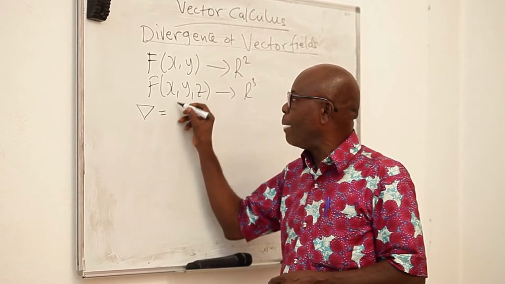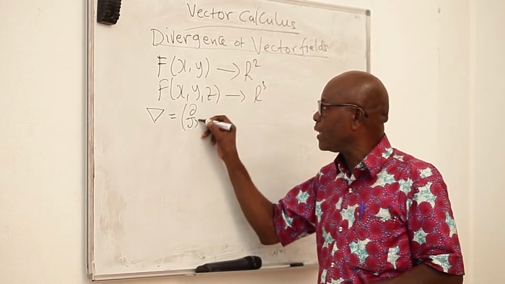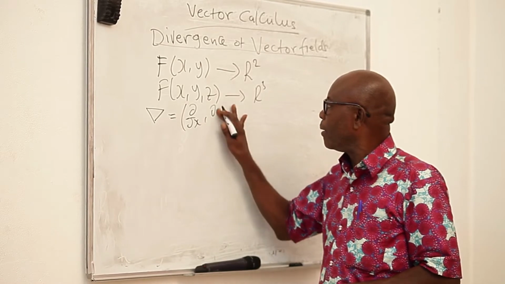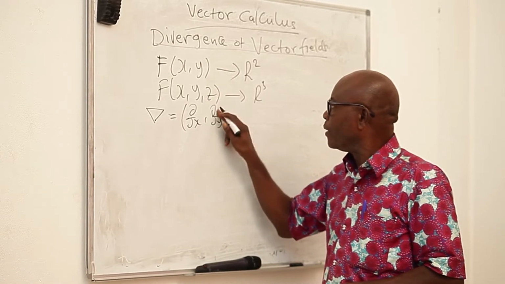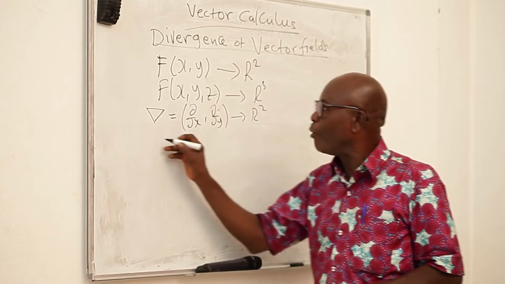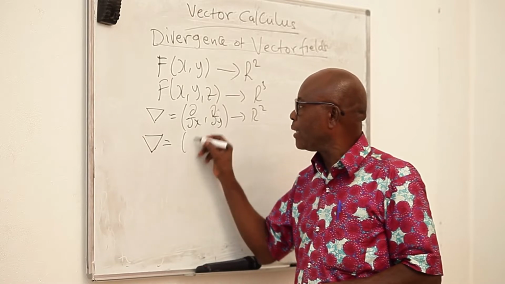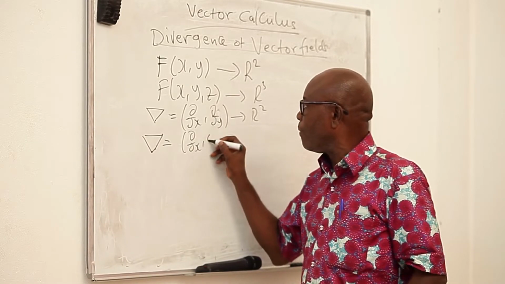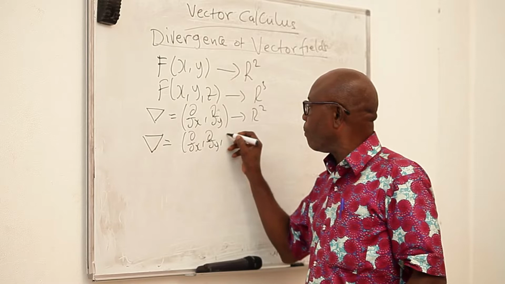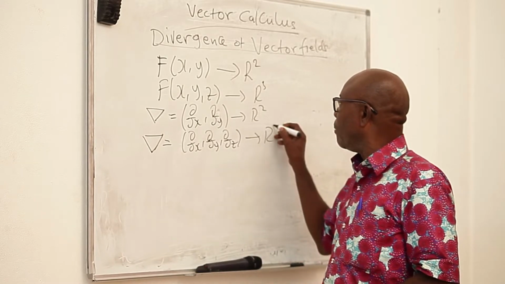If it is two-dimensional, del is defined as partial x, partial y, and for three-dimensional, del is defined as partial x, partial y, partial z.